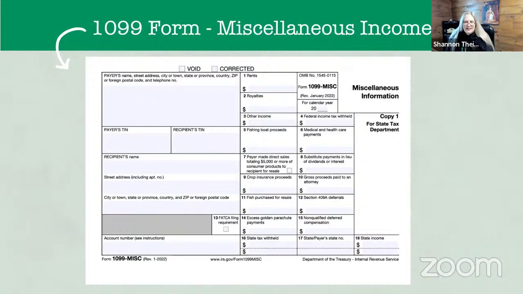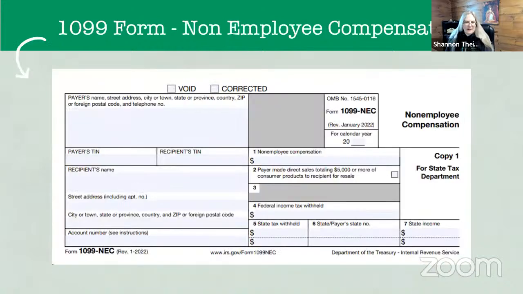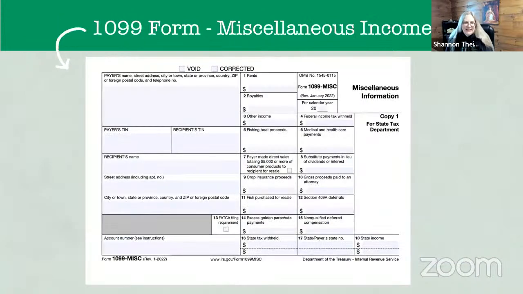And box 7 is on both the 1099 miscellaneous, and I believe it's box 2 on the 1099 NEC. And that is when a payer makes direct sales totaling $5,000 or more of consumable products to recipients for resale.